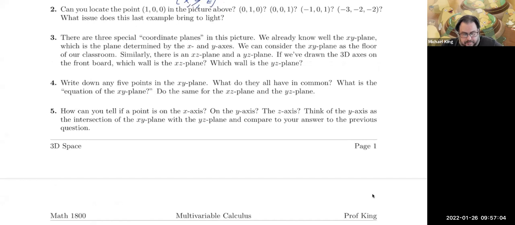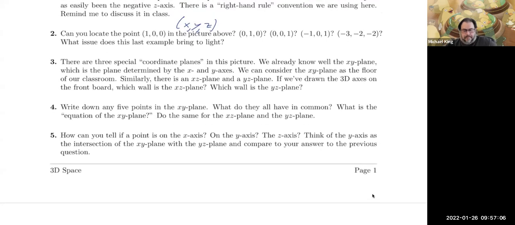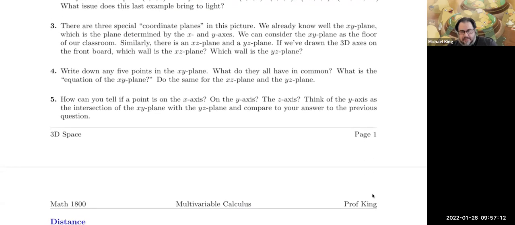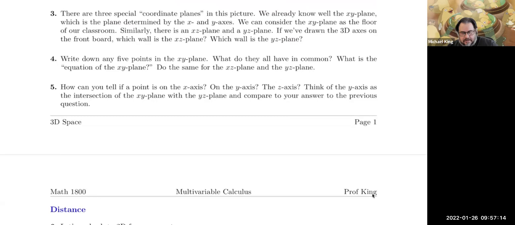One thing that I didn't say explicitly, and that some groups weren't sure about, was this whole question: what's the equation of the XY plane? An equation for an object is an equation that everything in that object has to satisfy. What you saw for the XY plane is that Z has to equal 0. So that actually is the equation of the XY plane.